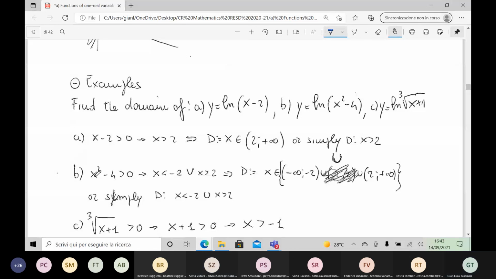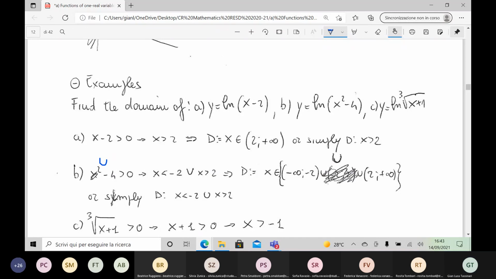Guys, please, what is it graphically? y equal to x squared minus 4 is a parabola. Which is the sign of this parabola? Remember, you have to look at the coefficient a of x squared. Which is the coefficient a? 1. So this parabola is convex.